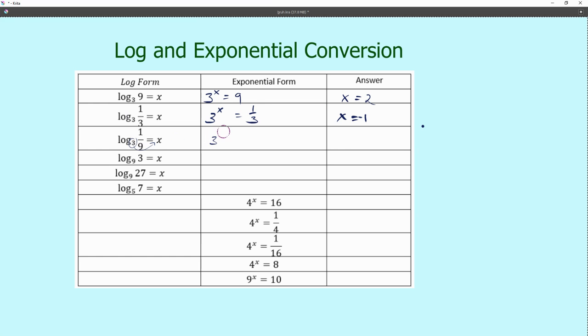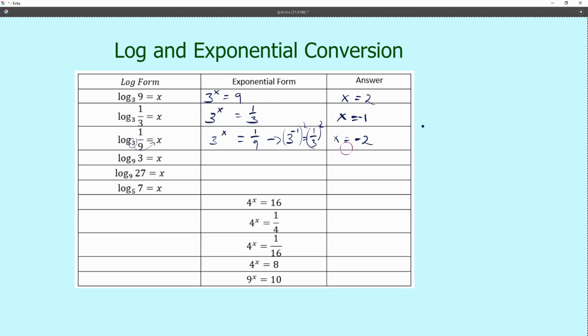So 3 to the x power is equal to 1/9. You want x, so here 3 to the -1 is 1/3, and you want to square that up, so you have to square both sides. So you have x is equal to -2.